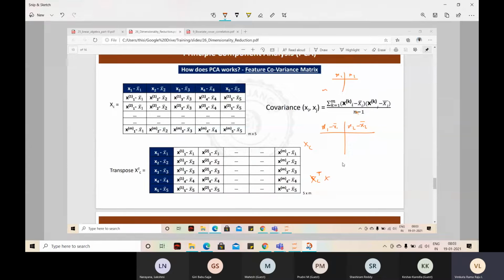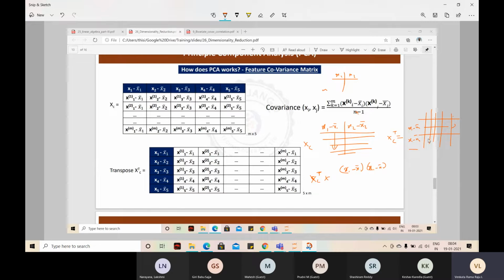XC transpose is equal to X1 minus X1 bar, X2 minus X2 bar, so there will be no M number of rows there. Now you multiply this matrix with this matrix. What happens? This row multiplies this column, that's going to be X1 minus X1 bar into X1 minus X1 bar.